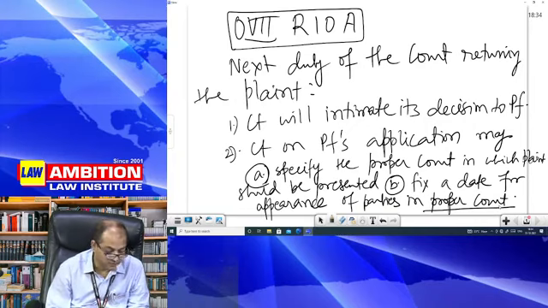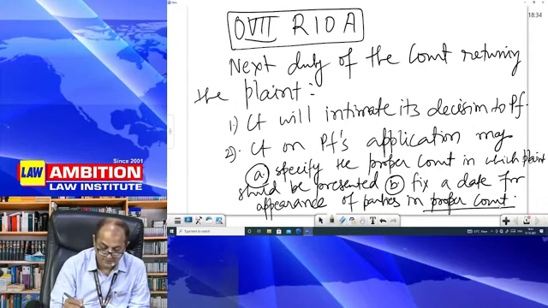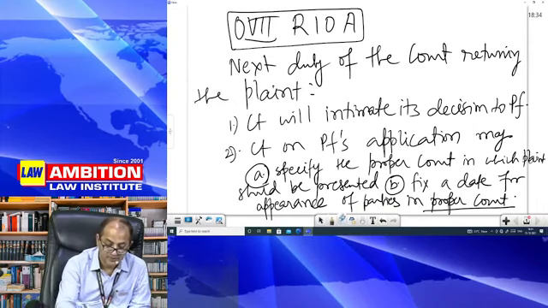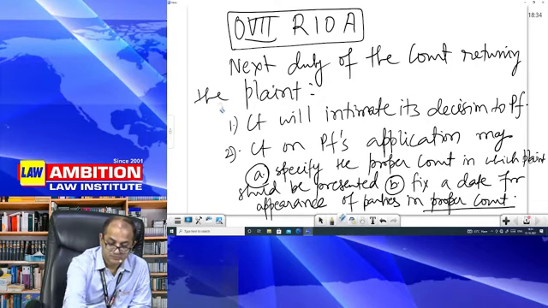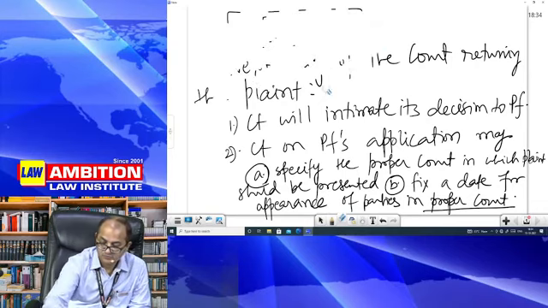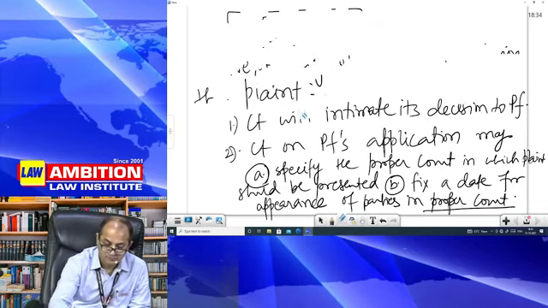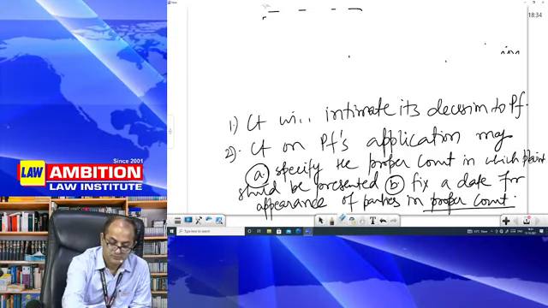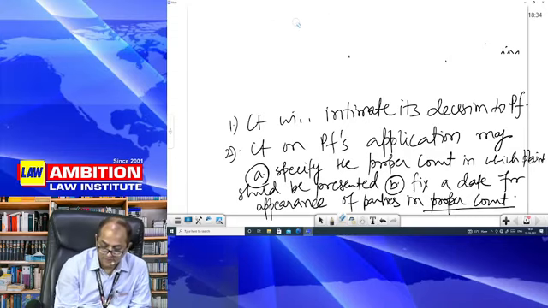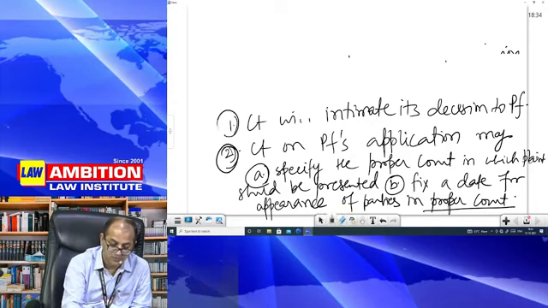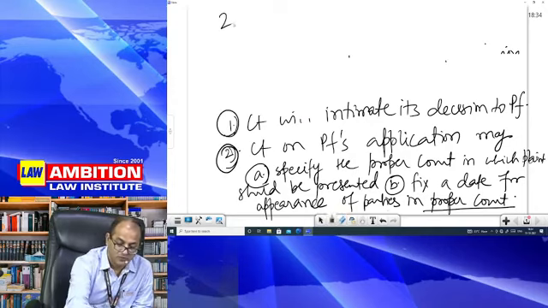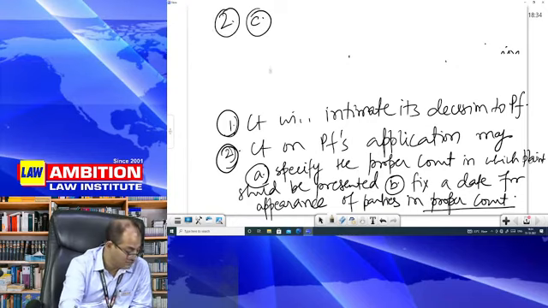Requesting that the notice of. Third, this is on plaintiff's application. Now see, within this is point number 2. Within this point number 2, I am writing C now. So, requesting that the notice of the fixed date may be given to him.